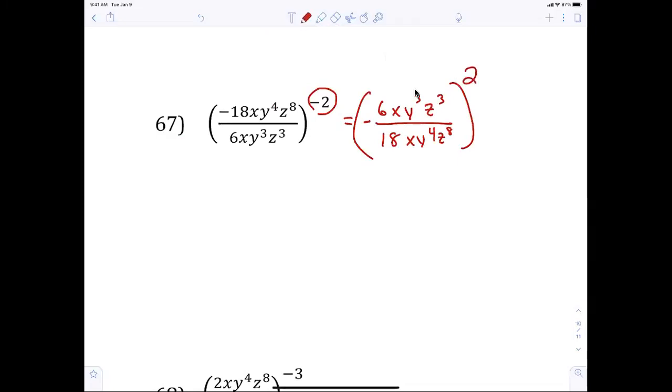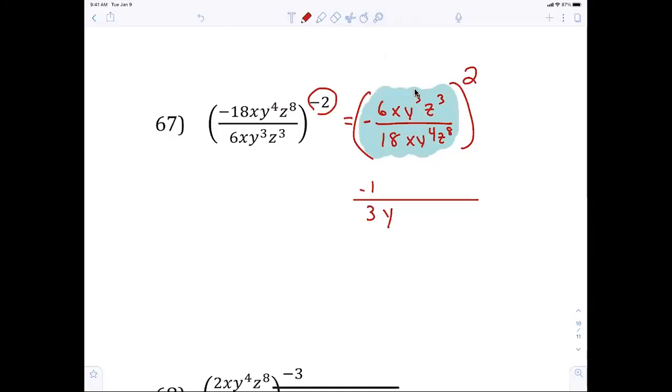Now, normally what I tell kids is always try to reduce the fraction. Let's reduce the fraction first. So 6 over 18 reduces to -1/3. What happens to the two x's? They cancel. Y cubed and y to the fourth leaves me a y on the bottom.